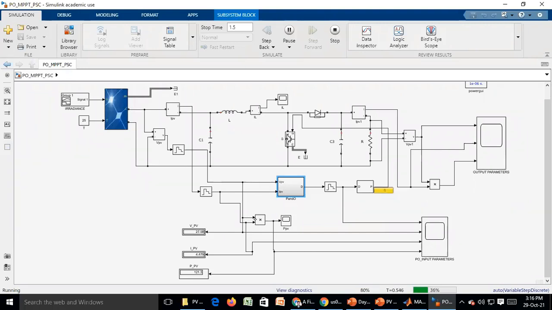So for P&O, VPV and IPV are taken. Now we will see how it is tracking.